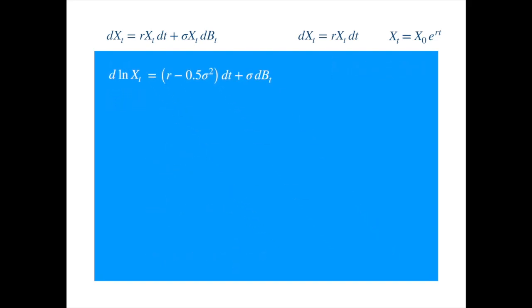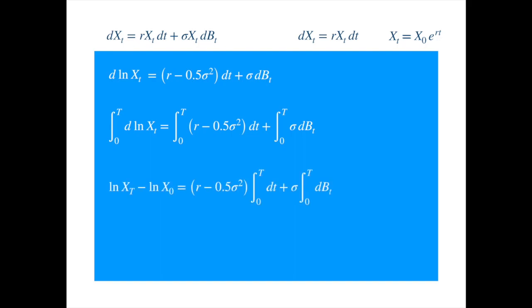Now we integrate, assuming we are interested in the solution at capital T. The differential and the integral on the left-hand side cancel, and we take the constants out of the integrals on the right-hand side. Now we can write the log difference as the log of the ratio on the left-hand side and evaluate the integral on the right-hand side.